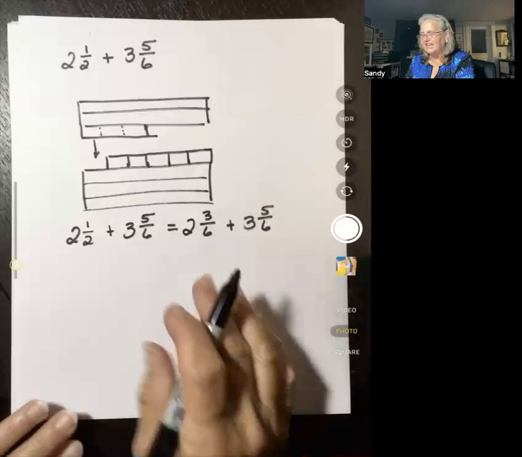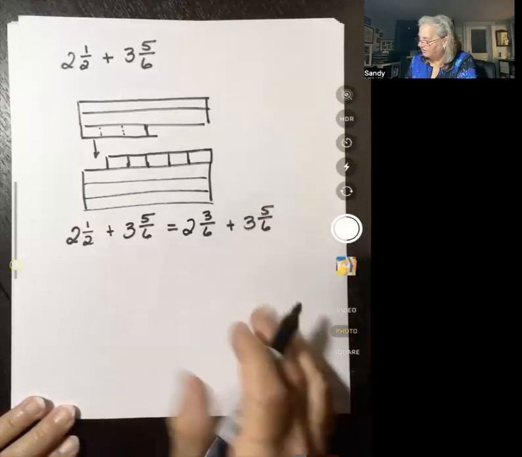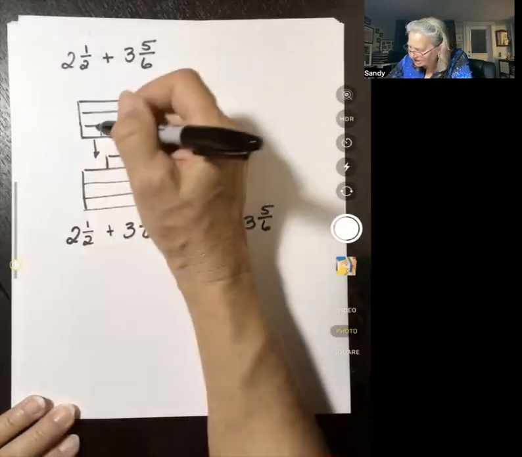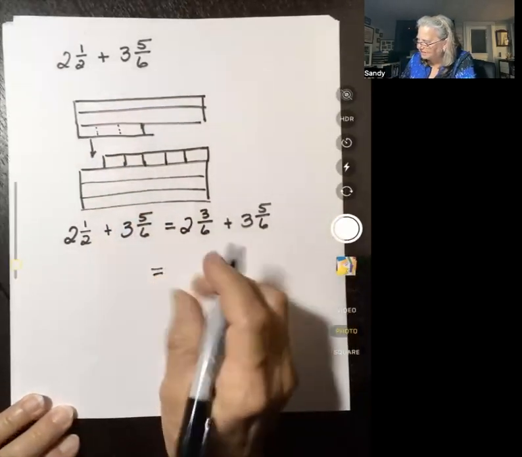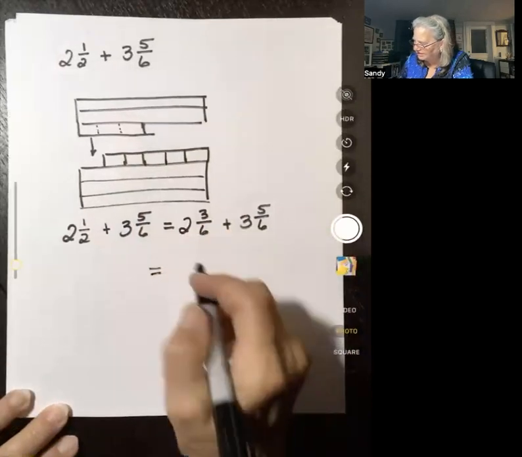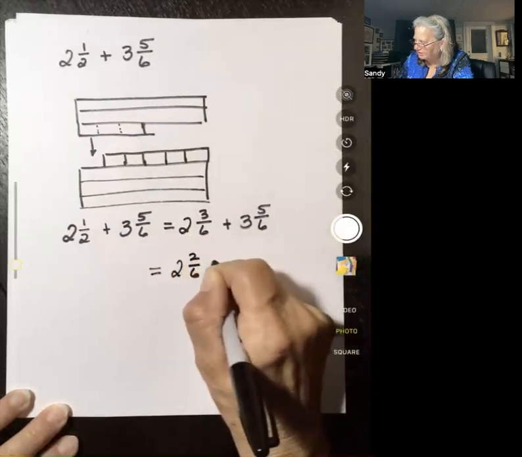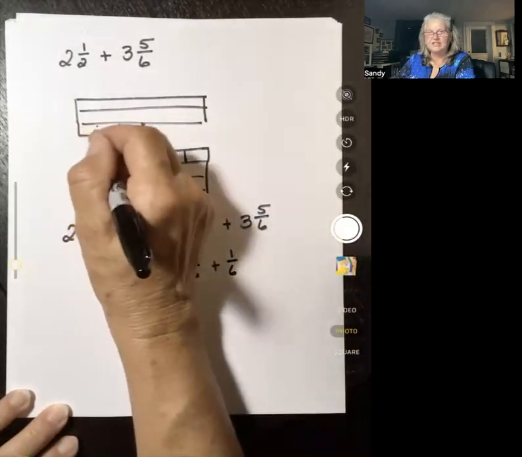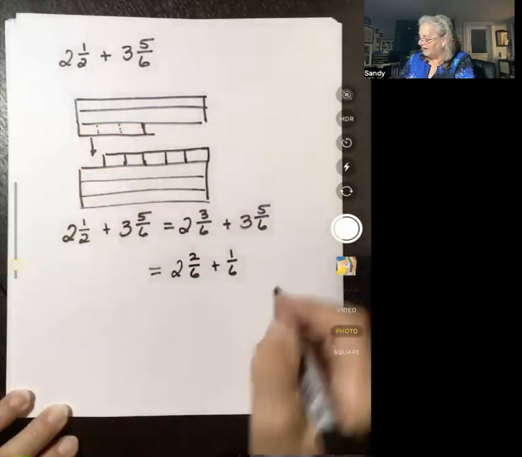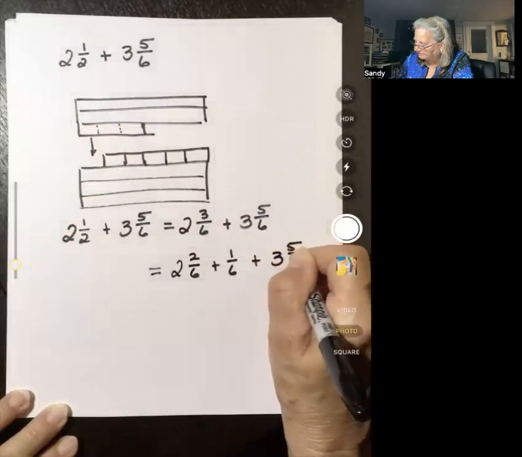We're using that even when we're computing mixed numbers, okay? Now, think about if I'm sliding this right down in here, what I'm doing is I'm thinking of 2 and 3/6 as 2 and 2/6, put together with 1/6, right? I'm kind of separating this one out, and I'm going to join that with the 3 and 5/6.